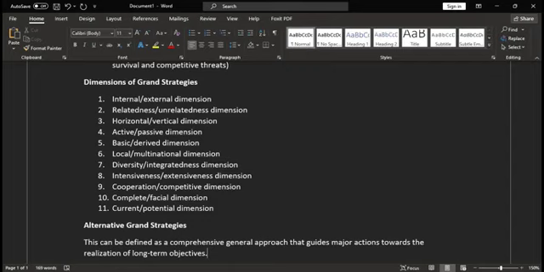Grand strategic alternatives can be classified in these ways. They are stability strategies, expansion or growth strategies, competitive strategies, international business entry strategies.